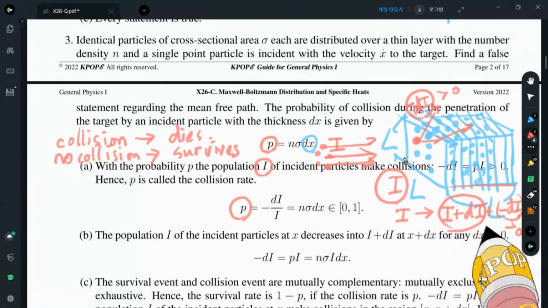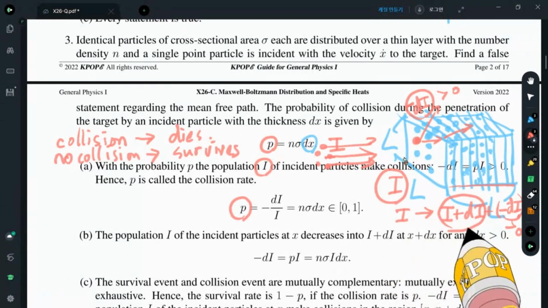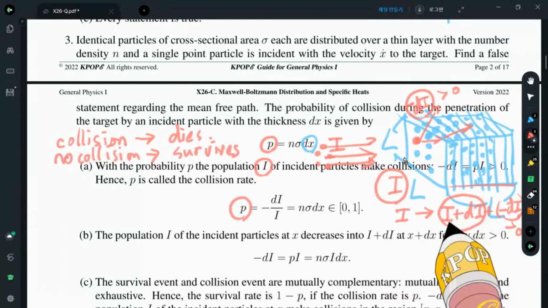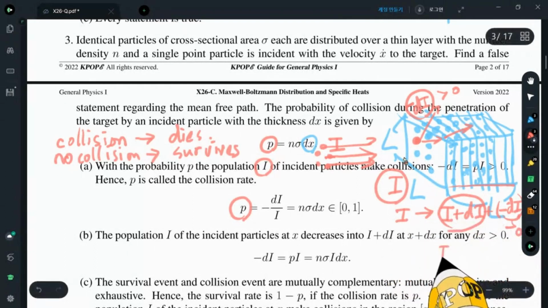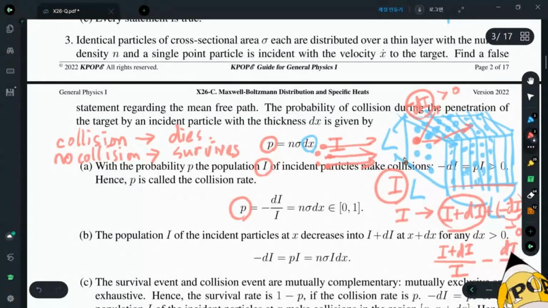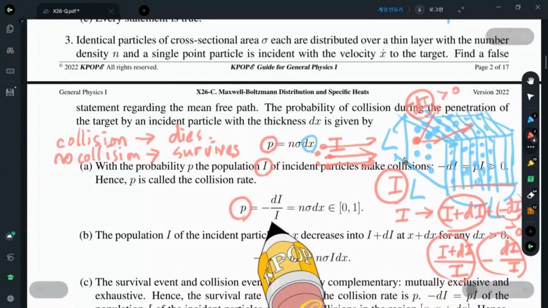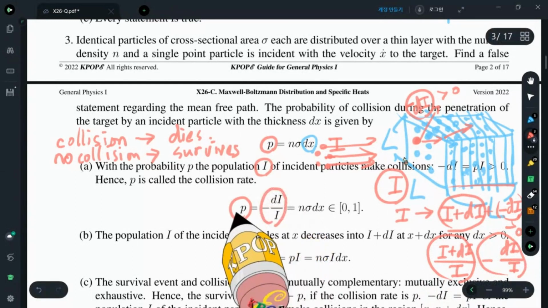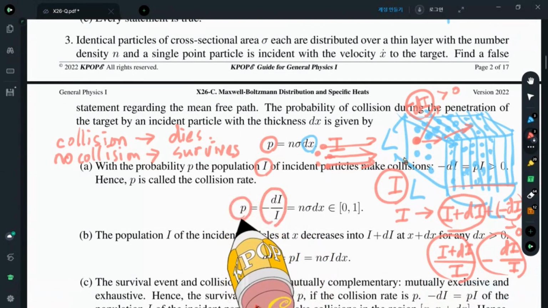Okay, so the probability can be obtained by dividing both terms. This is positive and this is positive. This is the probability of making a collision. The probability of making a collision is the same as this.